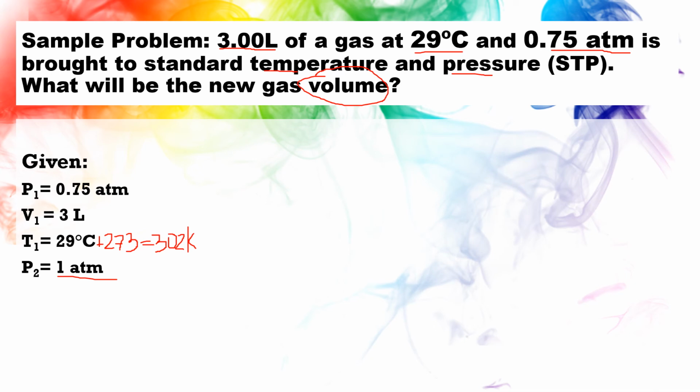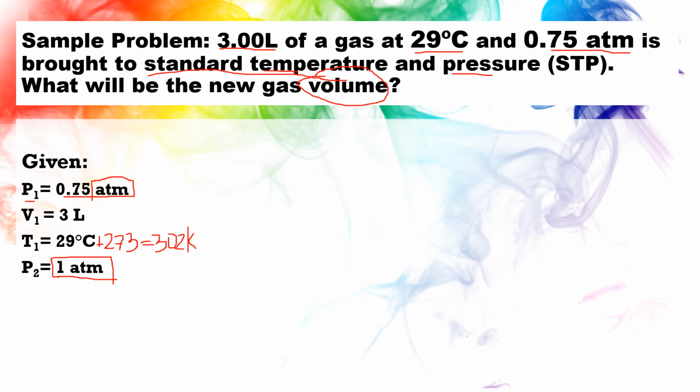Where does this 1 atm come from? Again, it says in the problem that it was brought to standard temperature and pressure, or the STP that I have shown you a while back. Why do we use 1 atm and not 760 millimeters mercury? Because from the previous given, or from the initial condition of the pressure, it was expressed in atm. That's why we also need to use the standard pressure in atm.